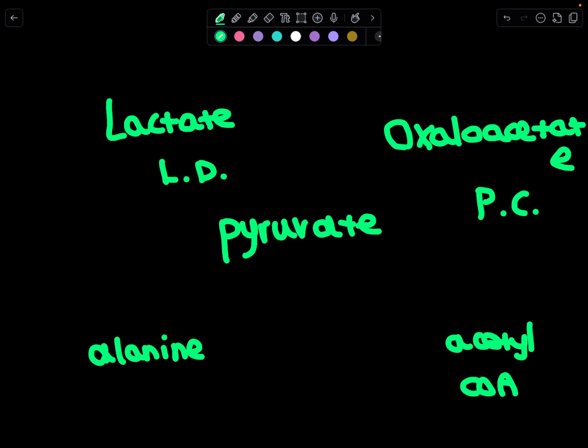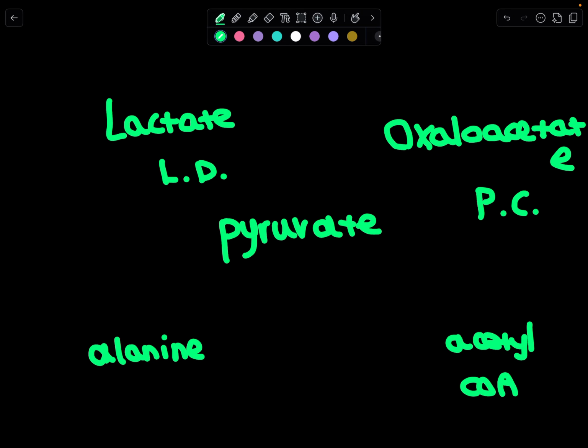When oxygen is sufficient, aerobic conditions, pyruvate enters the mitochondria and pyruvate dehydrogenase complex, PDC, converts it to acetyl-CoA. This feeds the citric acid cycle, leading to complete oxidation to CO2 and water, producing up to 30-32 ATP per glucose via oxidative phosphorylation. This happens in most cells, like in the liver or heart when oxygen's abundant.